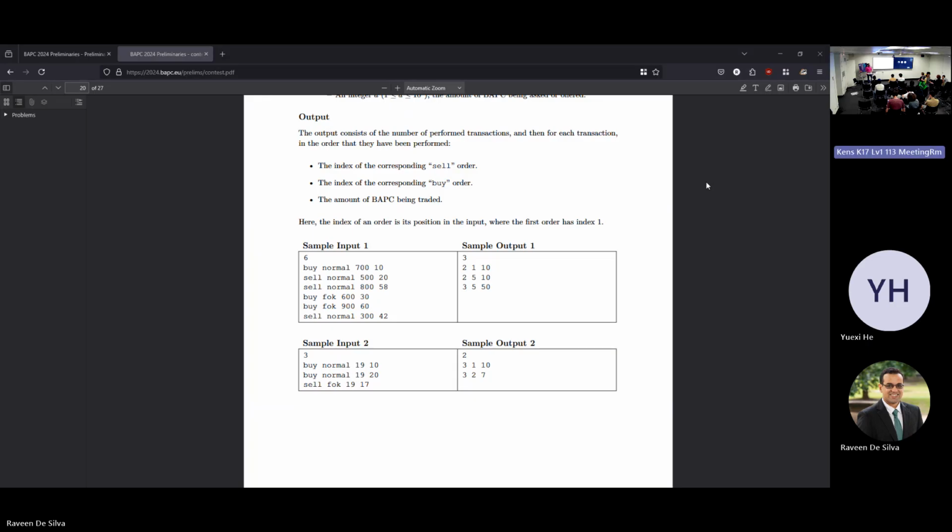Assuming that there were no fill or kill orders, what does this mean about the complexity of the entire algorithm to handle this? If one order can take linear time, if one order might be matched with many previous orders of the other type, then how long can it take in total?